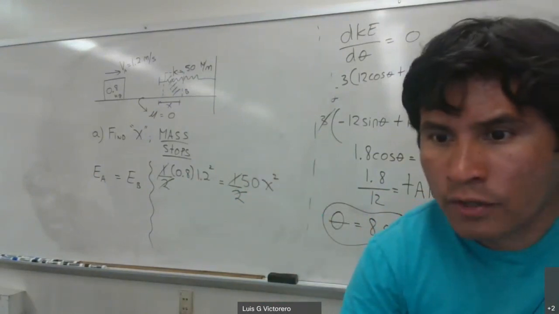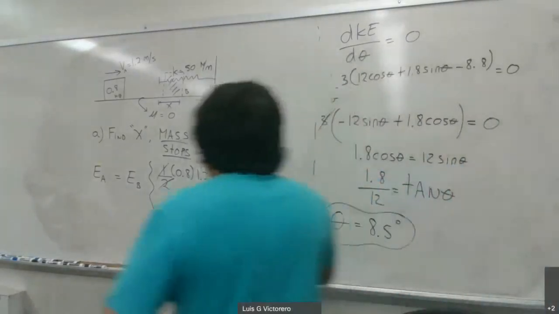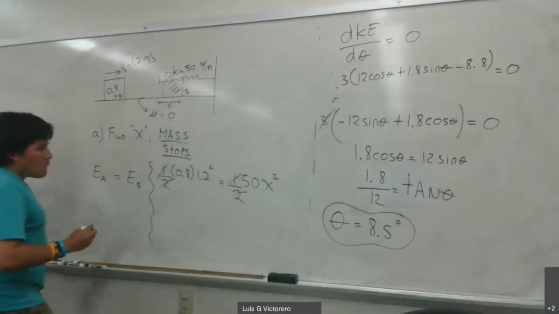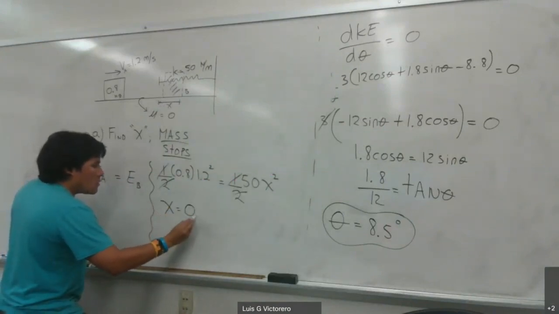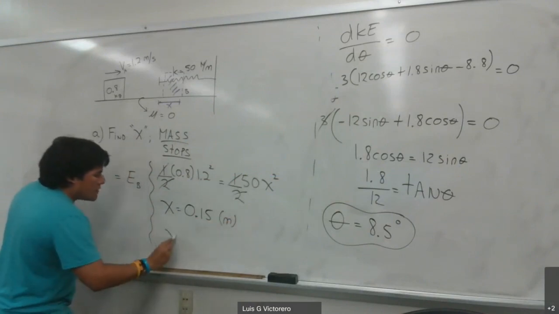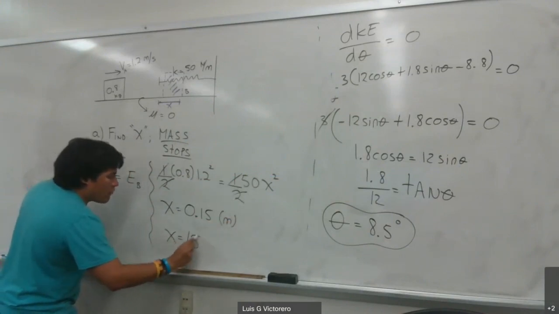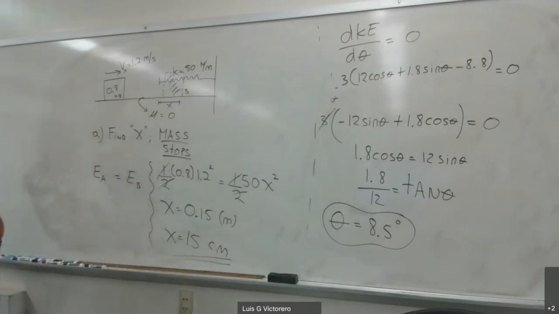If I take the square root, I get 0.15 meters. In centimeters that will be 15 centimeters. That's the maximum compression of the spring.